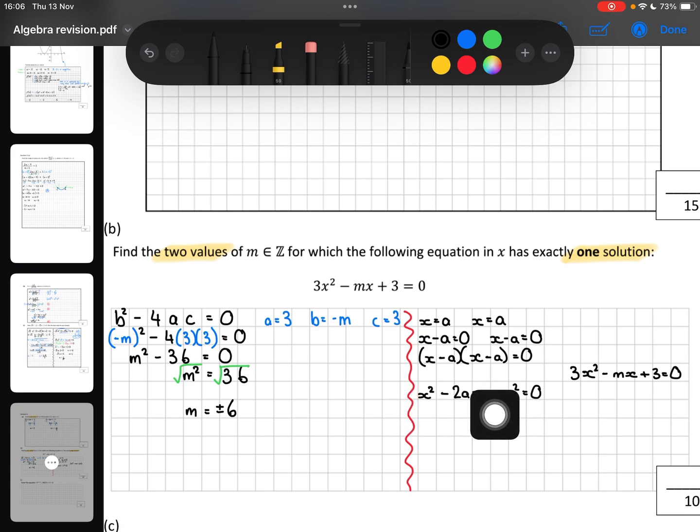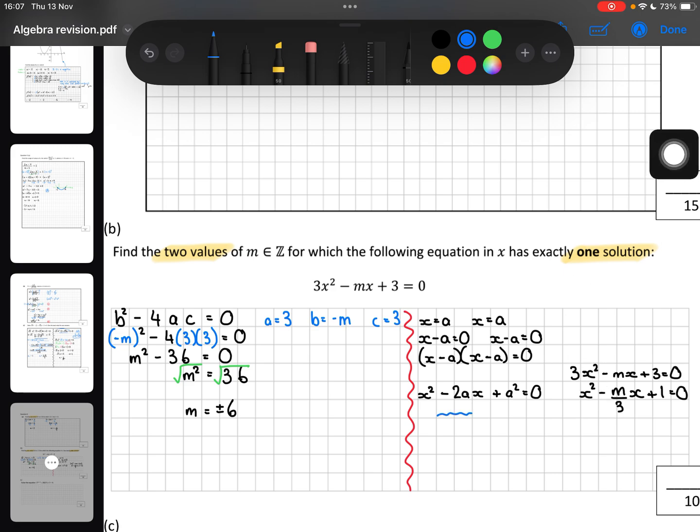It's up to you which you want to do. I'm going to divide this one across by 3, so that I have the quadratic that I can compare to as x squared minus m over 3 x plus 1 is equal to 0. So if I compare my coefficients here, yes, I'm trying to find m.